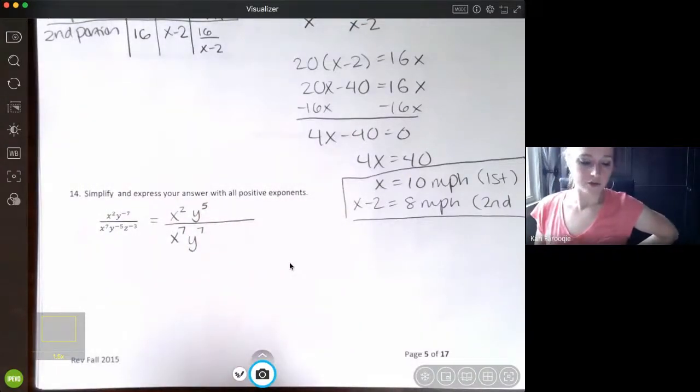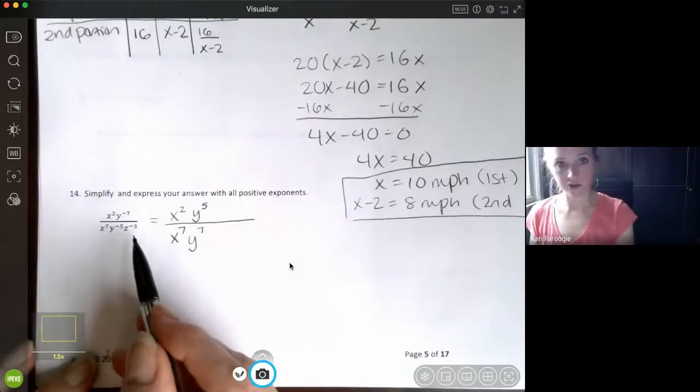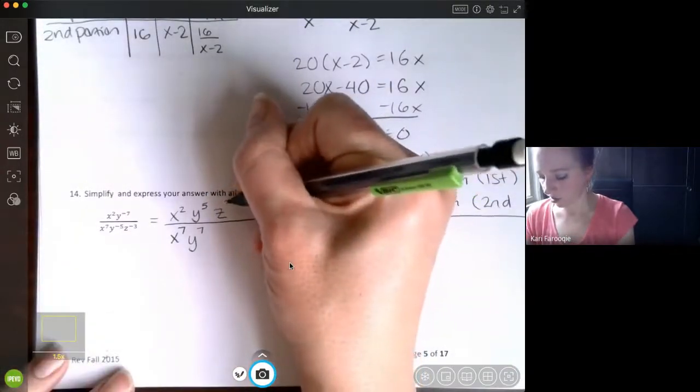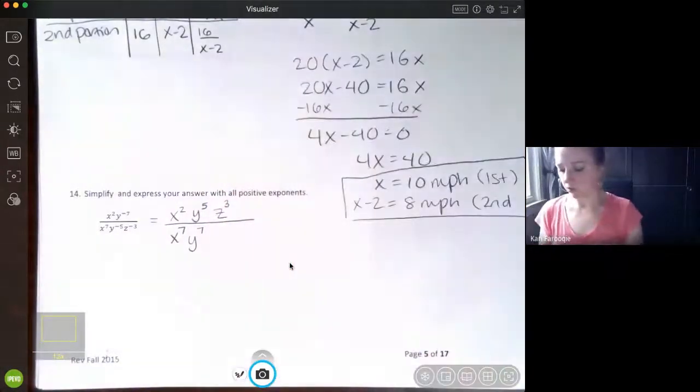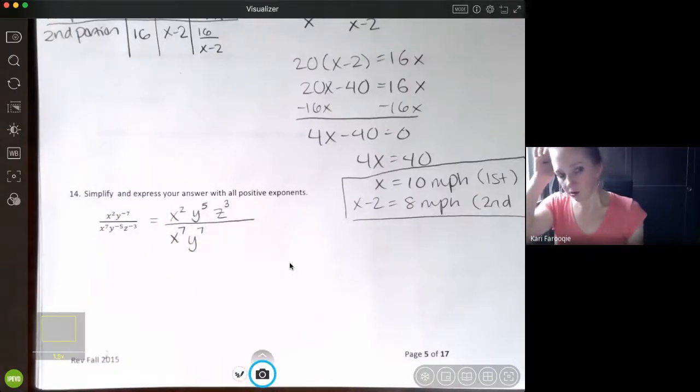So remember that if you want to switch the exponent from negative to positive, switch the expression's placement in the fraction. And then we're also going to move this z to the negative 3rd into the numerator as z to the positive 3rd. And then we're going to work on simplifying those exponents. Any questions here?